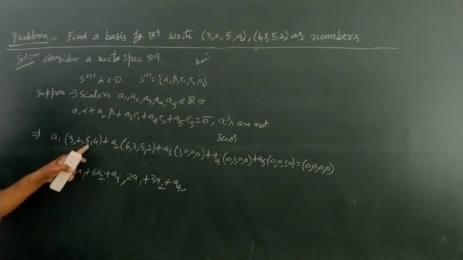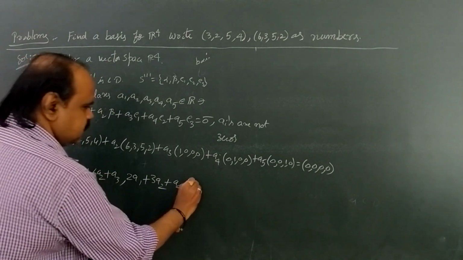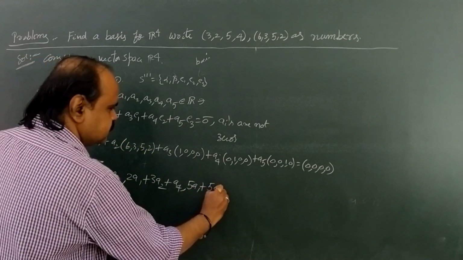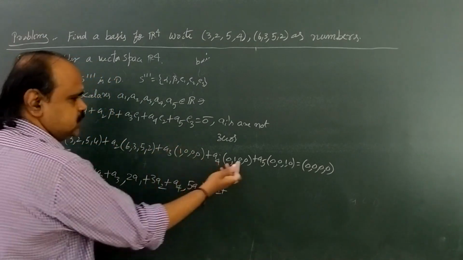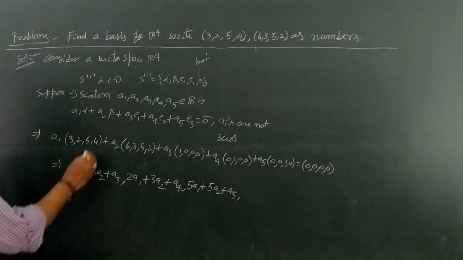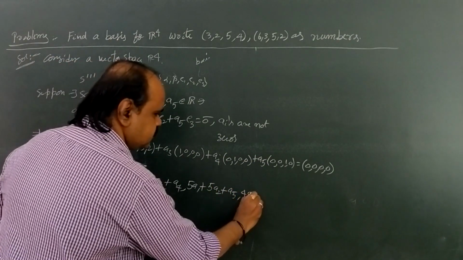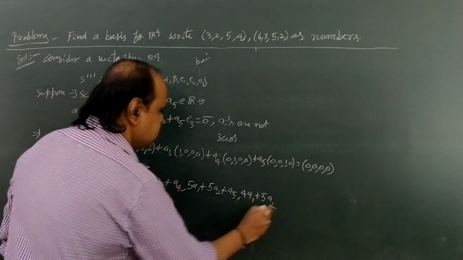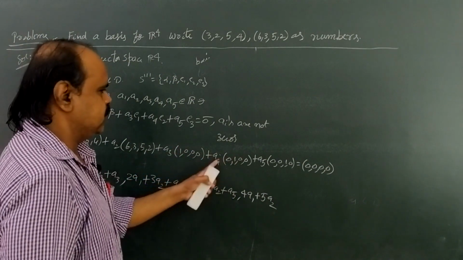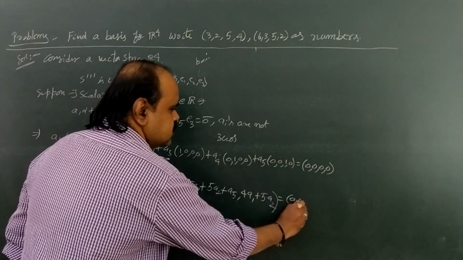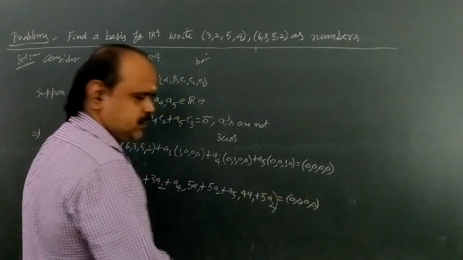Next come to the third coordinates 5a1 plus 5a2 plus 0 into a3, 0 into a4 plus 1 into a5. Next last one 4a1 plus 2a2 plus 0 into a3 plus 0 into a4 plus 0 into a5 equal to 0, 0, 0 and 0.